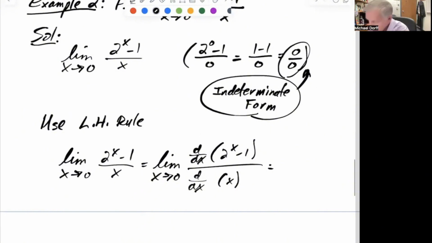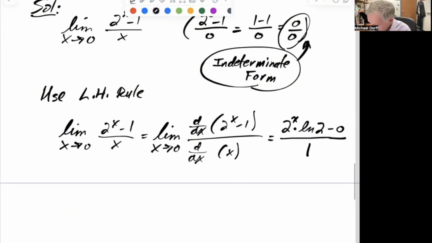Now, what's the derivative of 2^x? That may be something you have forgotten, but this is a good chance to review it. The derivative of 2^x is 2^x times the natural log of 2. And the derivative of -1 is 0. In the denominator, we have the derivative of x, which is 1. Oops, I forgot my limit sign, so let me write that in.